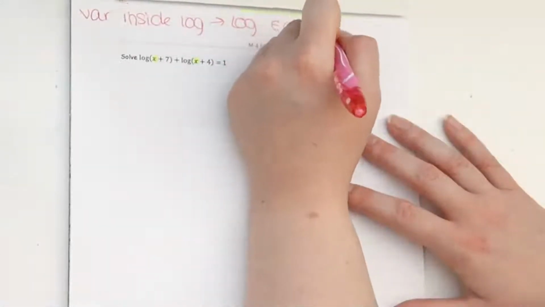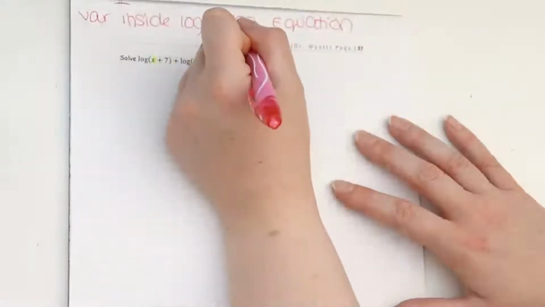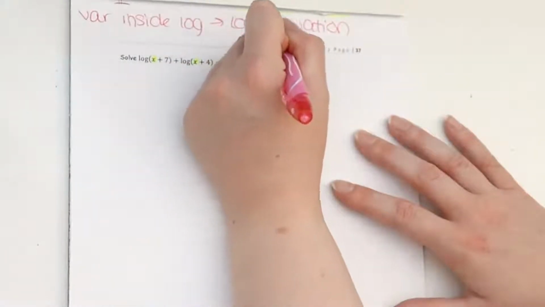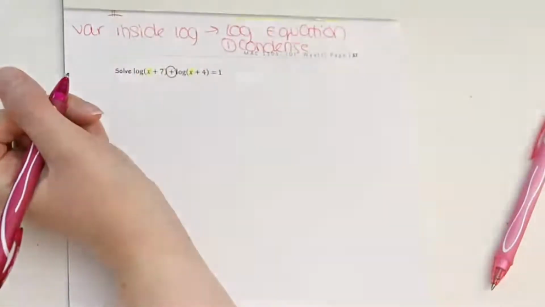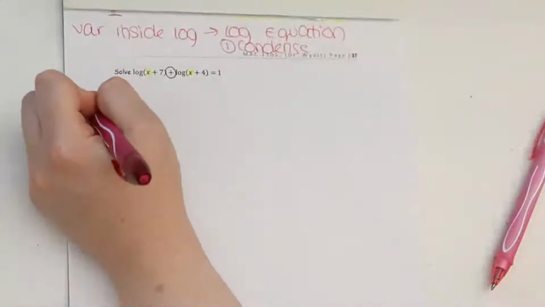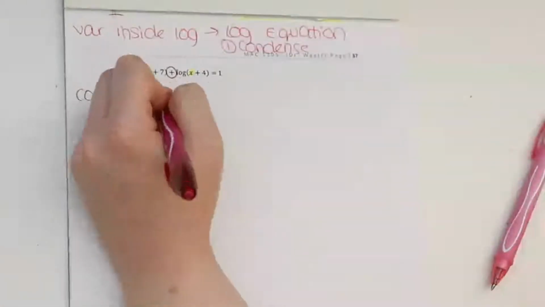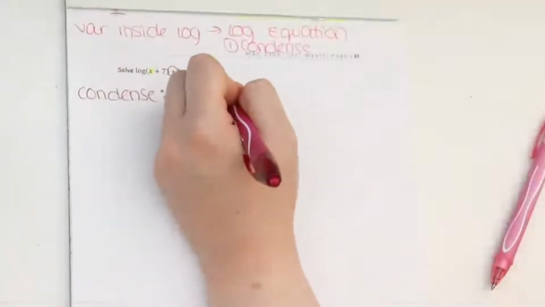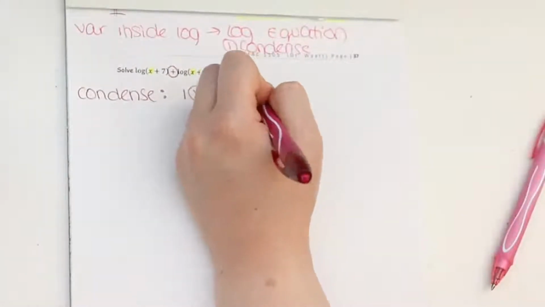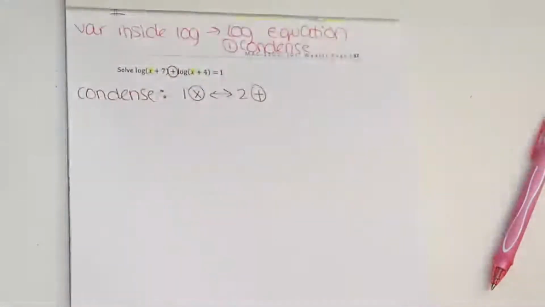And the first step for log equations is going to be to condense as much as we possibly can. So we're going to look at these two logs and we notice that these two logs are being added together. And we know that if you have one multiplication inside, that goes to two logs added and vice versa.